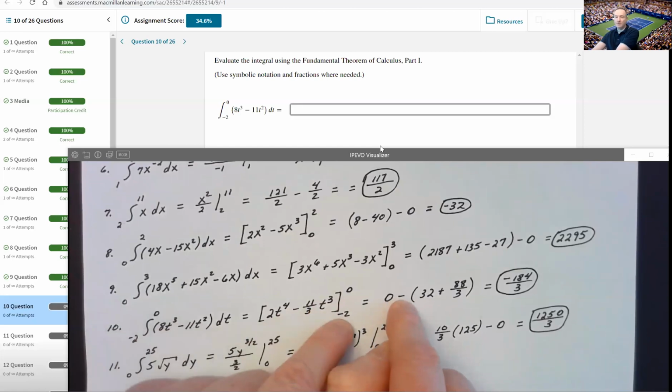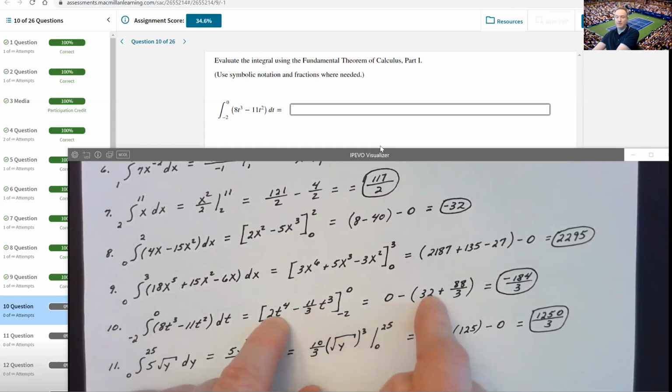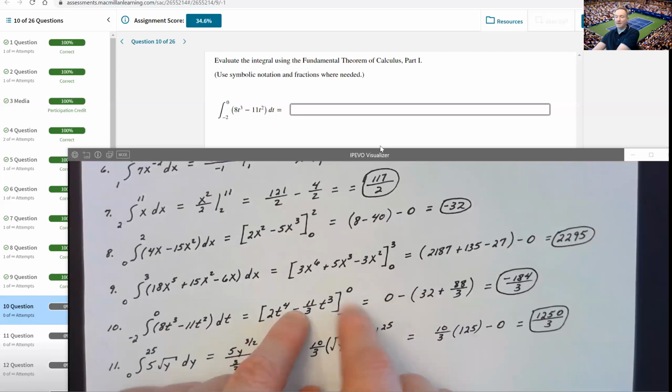Well, now I'm subtracting the lower limit, which is for the first term, when you plug the -2 into that, you're going to get -2 to the 4th is 16 times 2 is 32. And then you'll say minus, and I know it's going to be minus a negative, so it's going to be plus a positive. 2 to the 3rd power is 8. 8 times 11. You're going to get plus 88 over 3 for that.